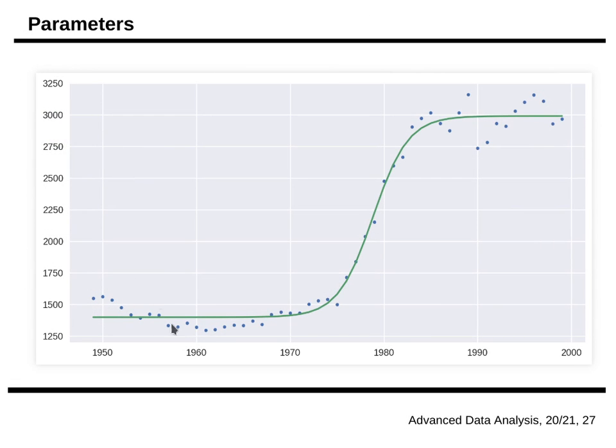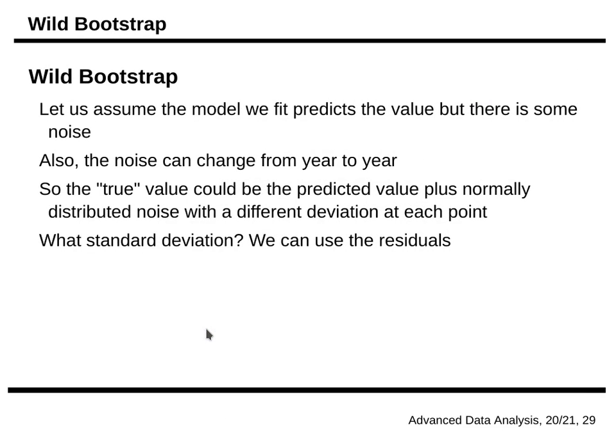There seems to be a very low variation here at the beginning, and then much higher variation here at the end. So we cannot just assume that the standard deviation for the noise on these years would be the same as for these years. Wild bootstrap allows us to use different variances of the noise along our data.